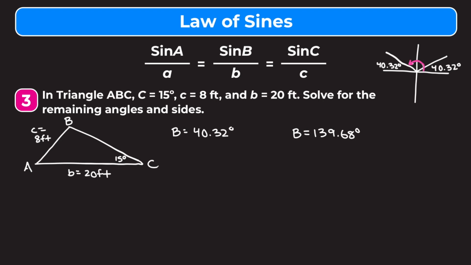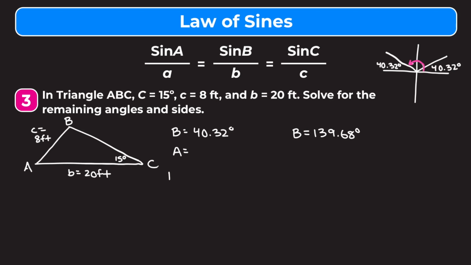What we want to do first is solve for angle A. We know that the angles in a triangle have to add up to 180 degrees. So to find angle A, we are going to do 180 degrees minus angle C, so minus 15 degrees, and then minus angle B, so minus 40.32 degrees.